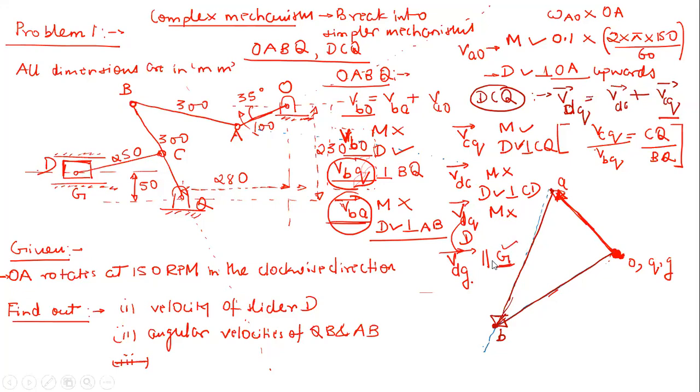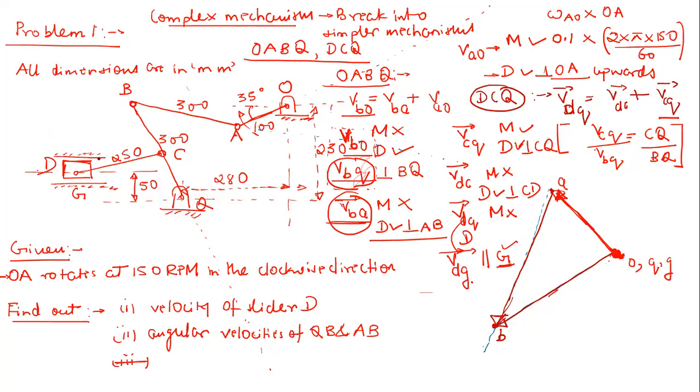One important thing I want to mention here, many times people get confused. When we talk about the velocity of D relative to C, the direction will be perpendicular to CD. Always remember, although this slider is not going to move in this direction because it is constrained, the velocity of D relative to C will always be in a perpendicular direction.